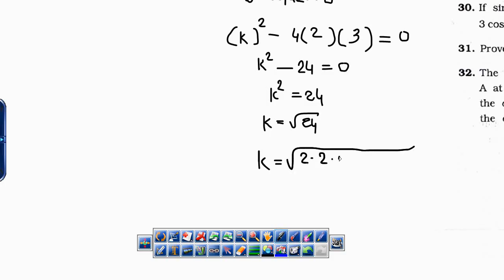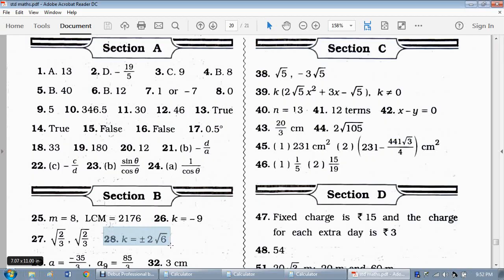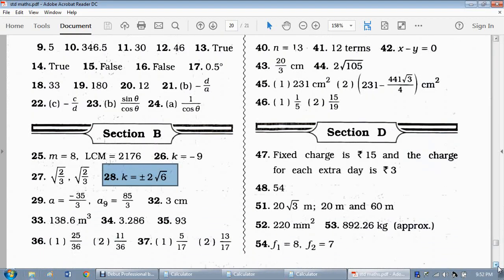Simplification भी सिखा देता हूँ. 2 2 4 2 8 3 24. फैक्टराइज इट. जोड़ी बनाओ जेल के बाहर. 9th स्टैंडर्ड चैप्टर 1 में सिखा था 2 root 6. बट रूट्स कैन बी नेगेटिव ऑल्सो. आंसर इज प्लस और माइनस 2 root 6. ये रहा आंसर, प्लस और माइनस 2 root 6.